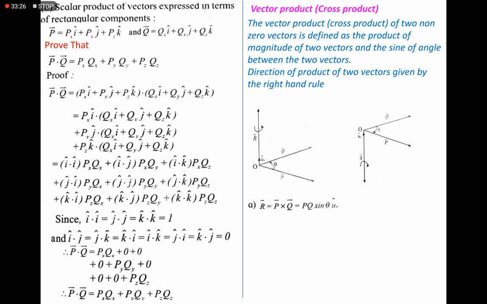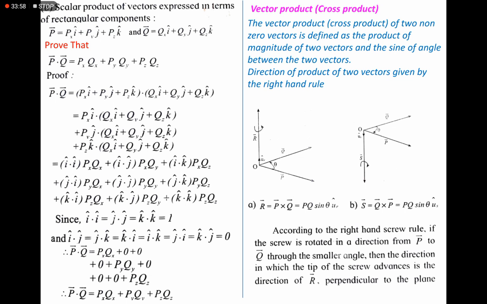Okay, r bar is equal to p bar cross q bar, that is pq sine theta, where u r is the unit vector along the resultant. The unit vector has to be considered. And here s bar is equal to q bar cross p bar, pq sine theta, where u bar is the unit vector along s bar.